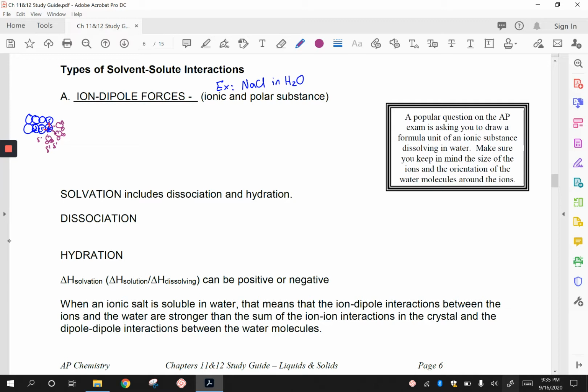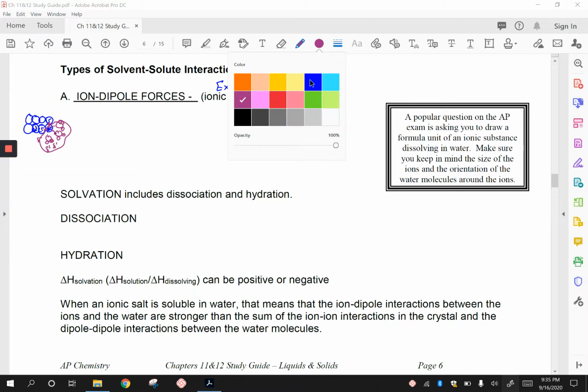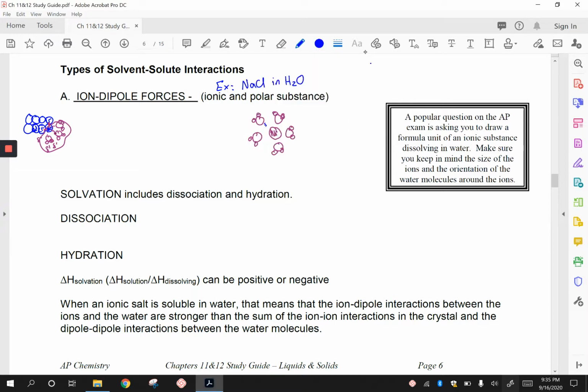And so what happens is those water particles pull away that sodium ion. So now here's what it looks like. There's my sodium ion, and then I have a bunch of water particles surrounding it. And these water particles have the oxygen side facing the sodium. And here are my attractions. So these are called the ion-dipole interactions, the attractions between the ion and the polar molecules.